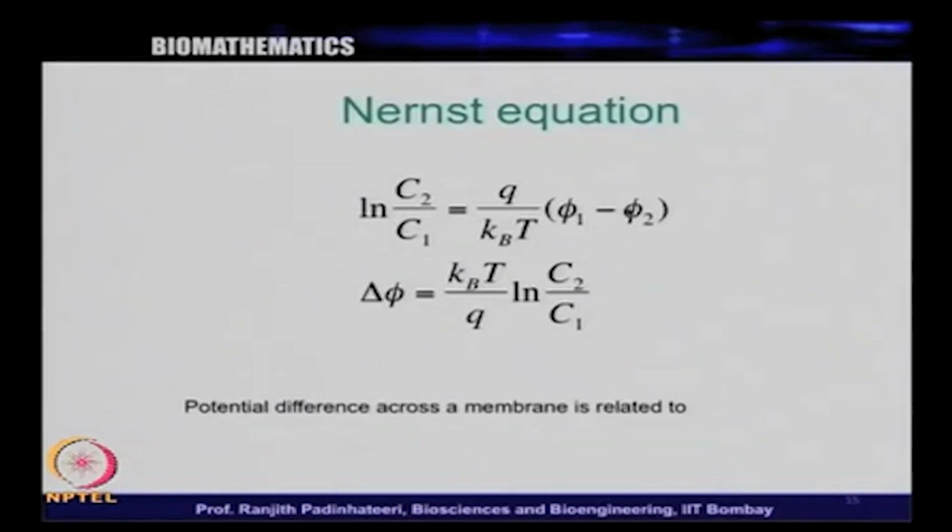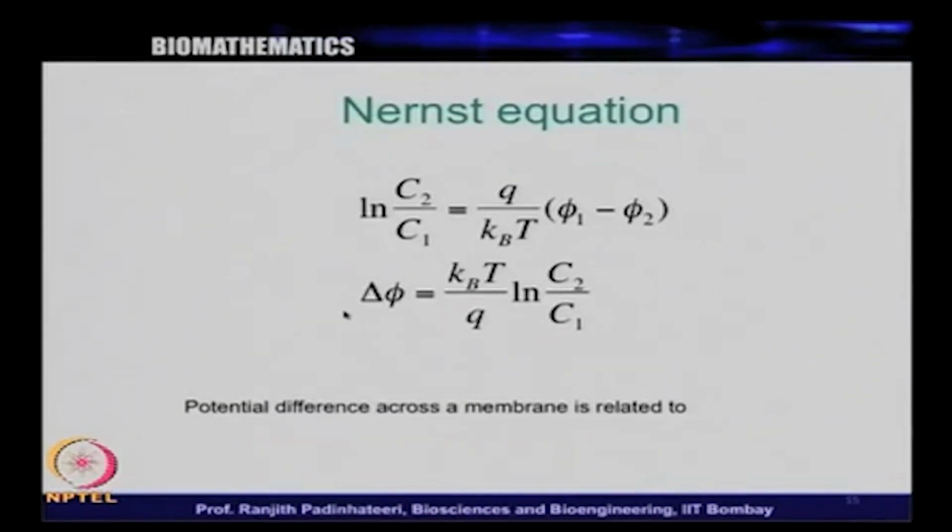If I call phi 1 minus phi 2 as del phi, I can write this relation: del phi is kBT by q into ln C2 by C1.